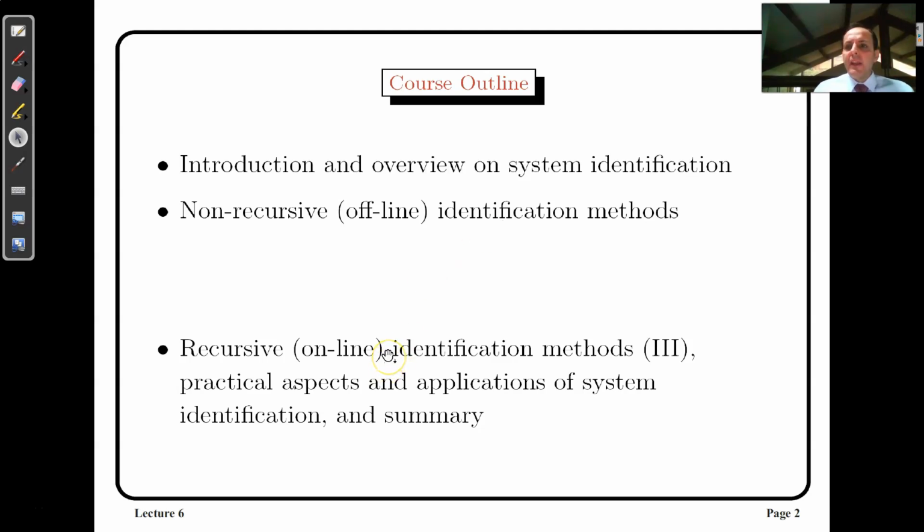And then we examined the recursive one. It represents an alternative to classical least square, especially in system identification or adaptive systems. So normally, online identification methods are exploited for the design of adaptive systems or adaptive control.